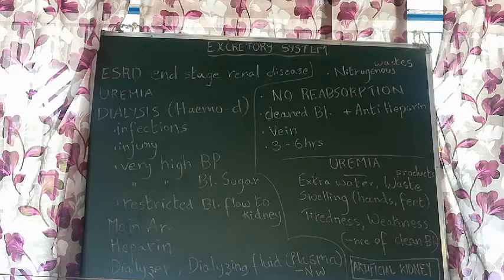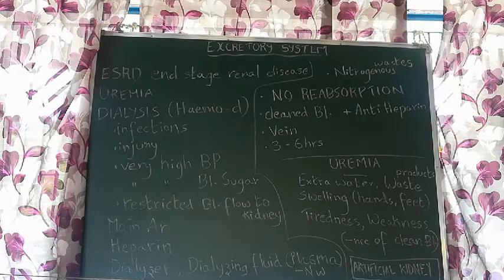This stage leads to a condition called uremia. Uremia is nothing but the deposition of all the waste products in our body. It means the body gets filled up with extra water and waste products which normally are sent out of the body through urine.